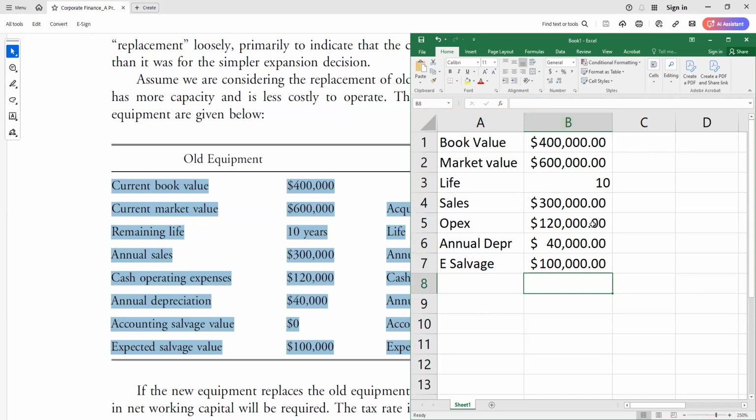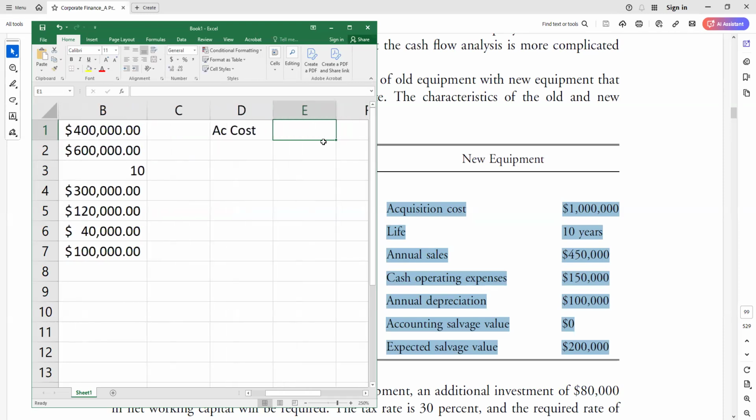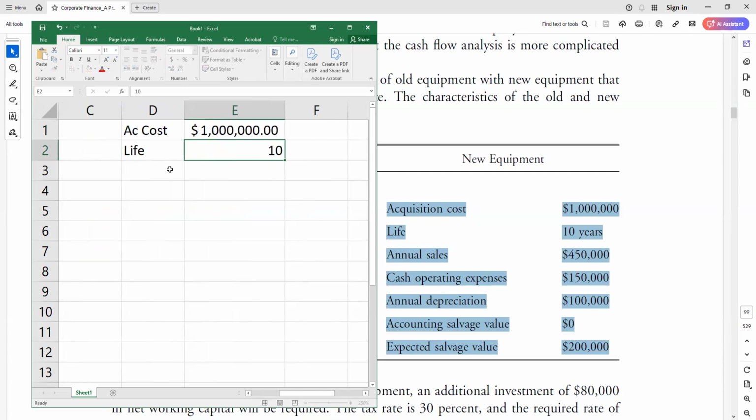Okay. So on the other side, we have acquisition cost, $1 million. The life of the years is the same, 10 years. Annual sales, we have 450,000.